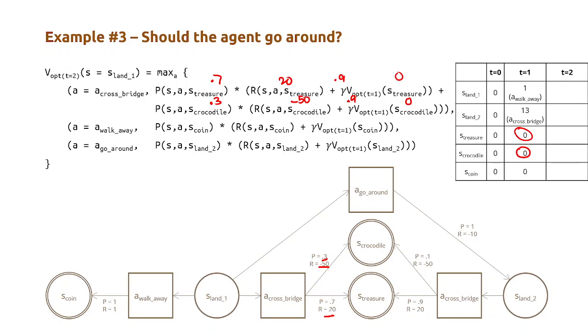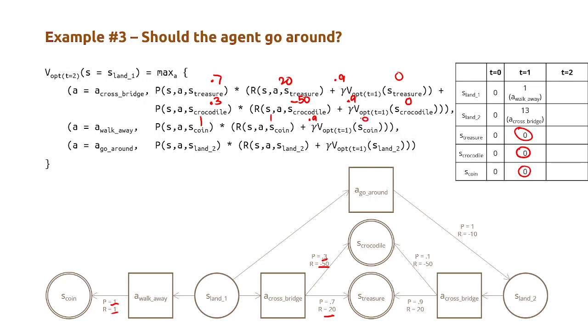Next, we calculate the value when walking away. What is the probability of going to the coin when walking away? It is 1. The reward is also 1. Gamma 0.9. Optimal value of S coin at t equal to 1 is 0.